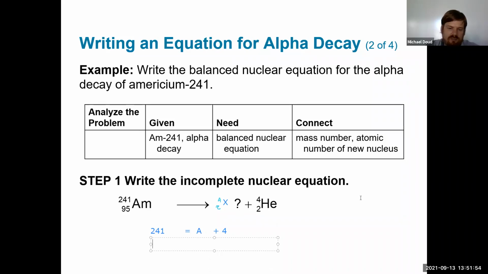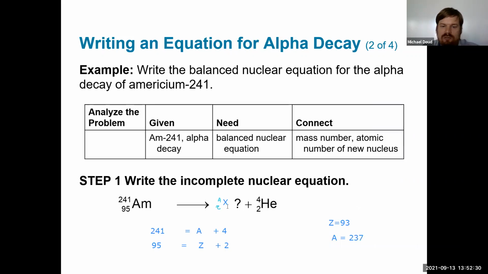So 95 on the left has to equal Z plus 2 on the right. To determine the identity of the atom, we just have to do some simple algebra. We isolate Z by subtracting 2 from both sides. 95 minus 2 equals 93. Same thing with A, we subtract 4 from both sides. 241 minus 4 is 237.